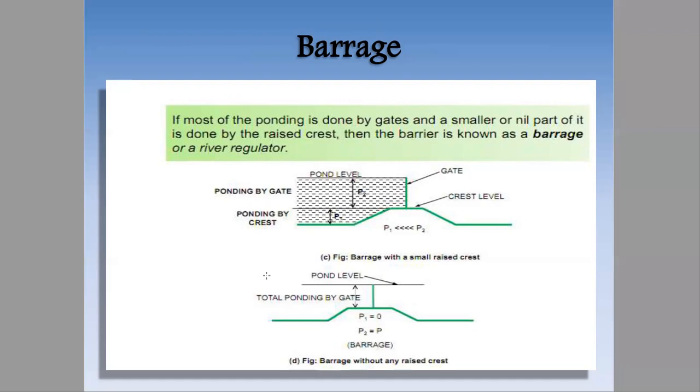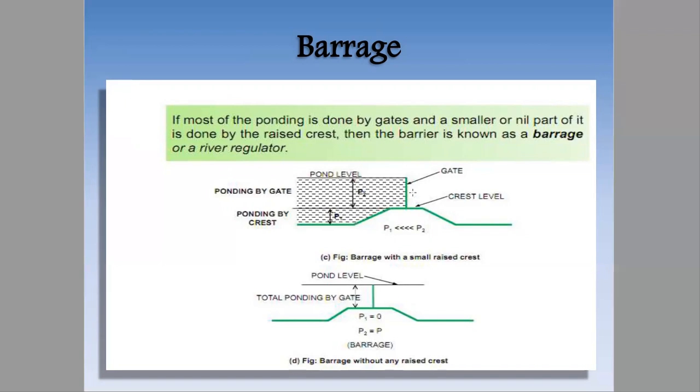An example is here, where the total ponding is by gates, that is, no portion is a raised crest. Here there is a slightly raised crest, but still the major portion is controlled with gates.